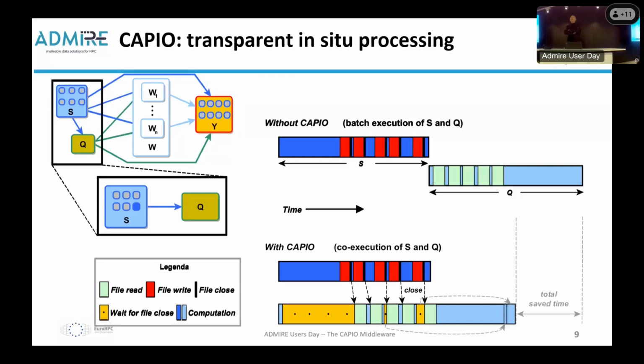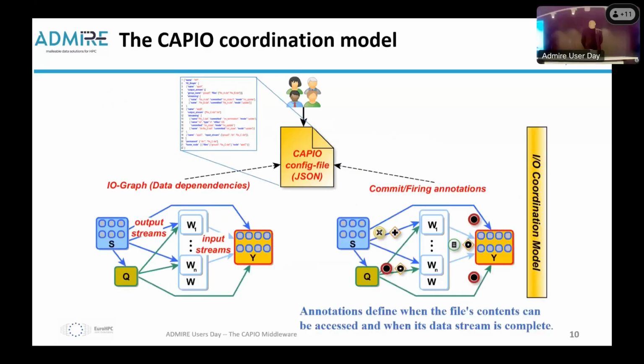So we have a kind of implicit synchronization, and this synchronization is introduced, as I was saying, by using a coordination language. That is what we call the CAPIO configuration file.